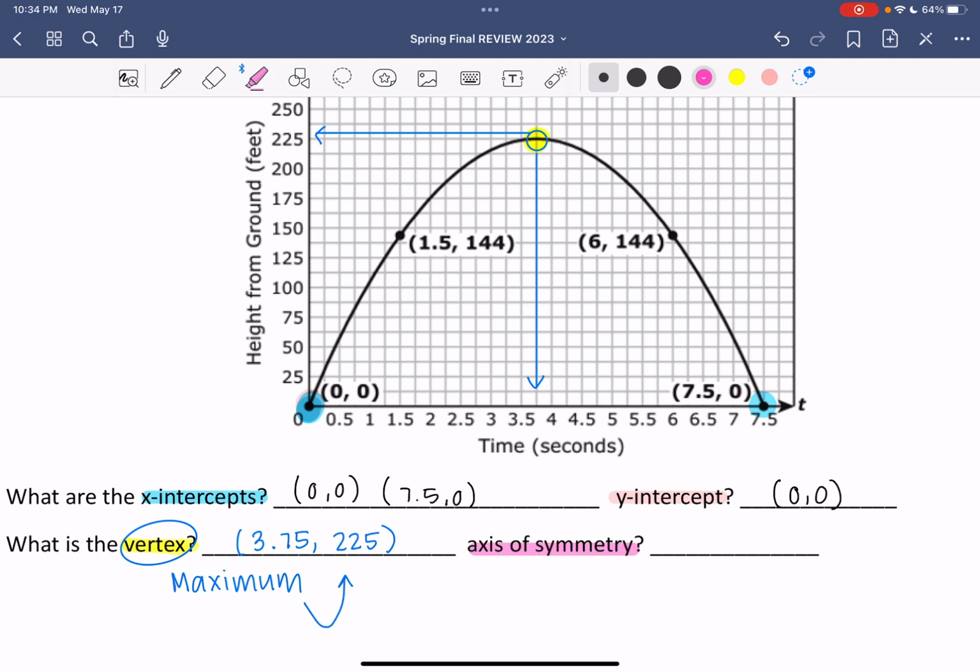It is always the line that goes through the vertex, but it's vertical. And it's always the x value of your vertex. So in this case, it's x equals 3.75. So remember, it's going to be an equation of a line, because it's an axis of symmetry. It's a line that cuts the graph in half.